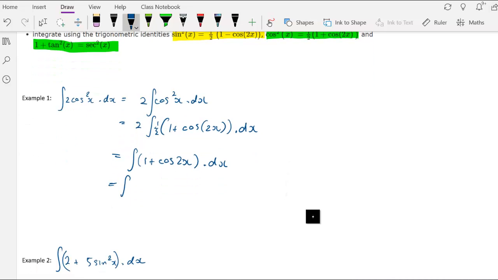So we've got the integral of 1, and we've got the integral of cos 2x, which leaves us with x plus 1 half sine 2x plus c.